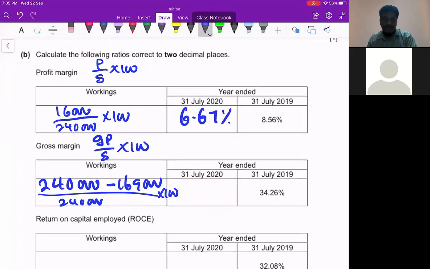First calculate the gross profit: 240,000 minus 169,000, I get 71,000. 71,000 divided by 240,000 times 100, I get 29.58. Don't forget to put the percentage.